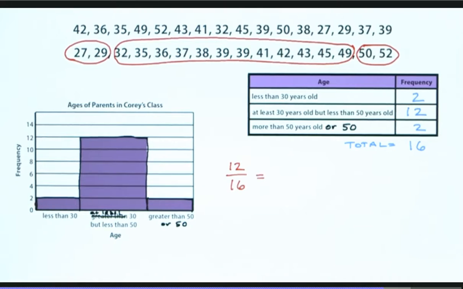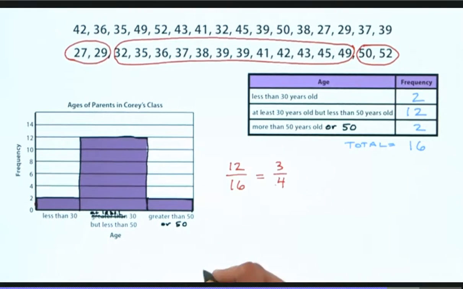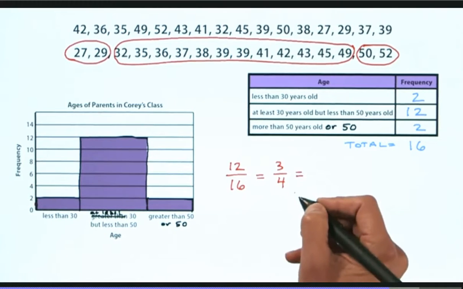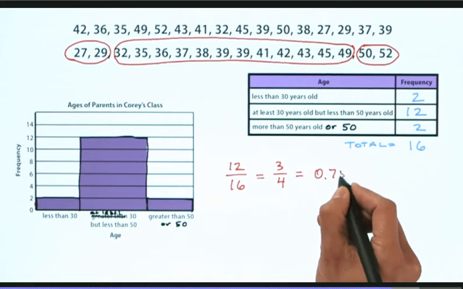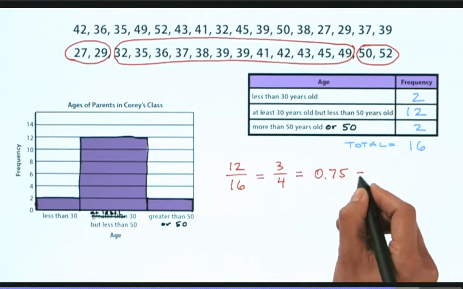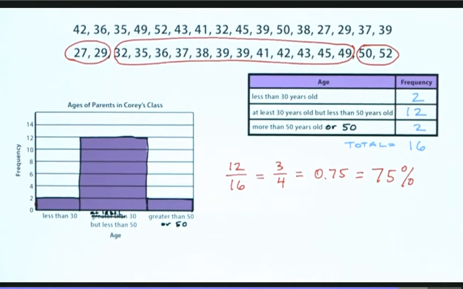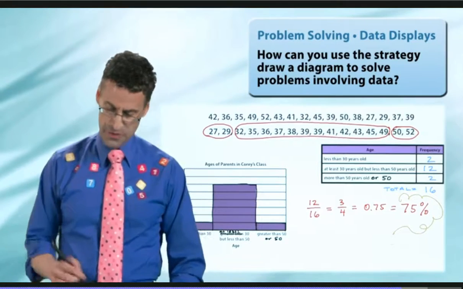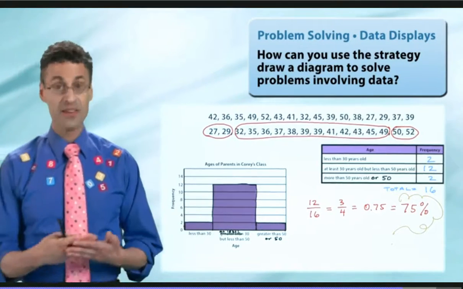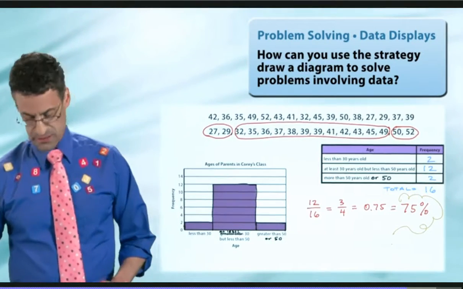So that's 12 sixteenths, which can be simplified to 3/4, and that can be written as a percentage by writing it as a decimal, which is going to be 75 hundredths, which equals 75%. And so 75% in fact is the answer, meaning that 75% of the parents have an age at least 30 years old, but less than 50 years old.